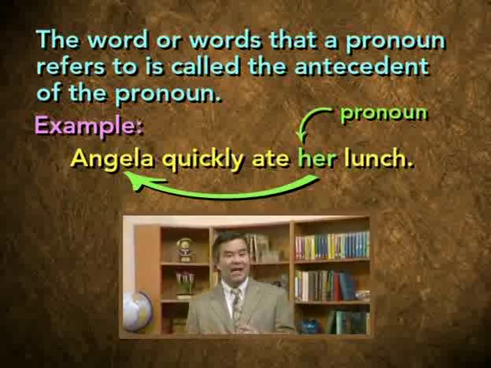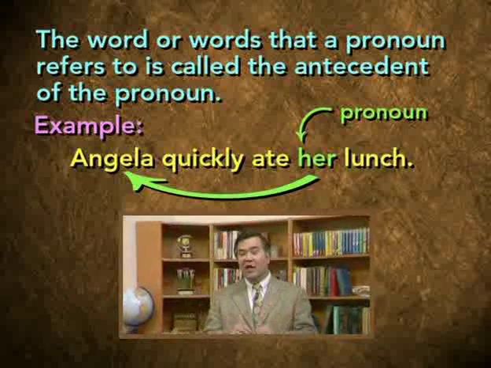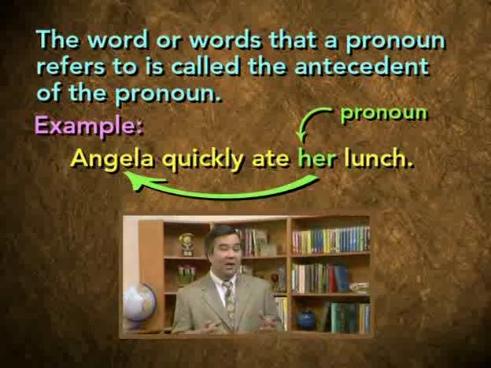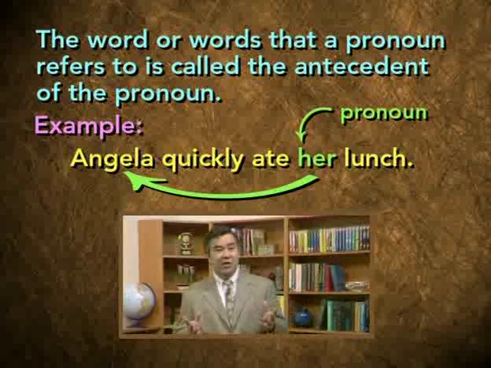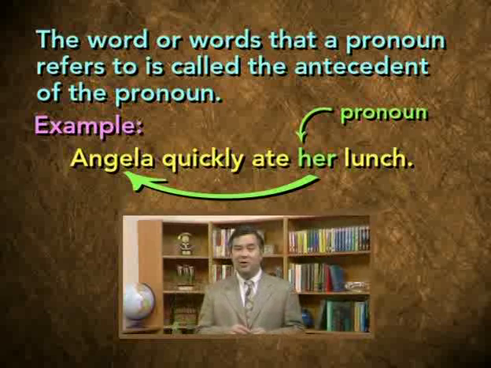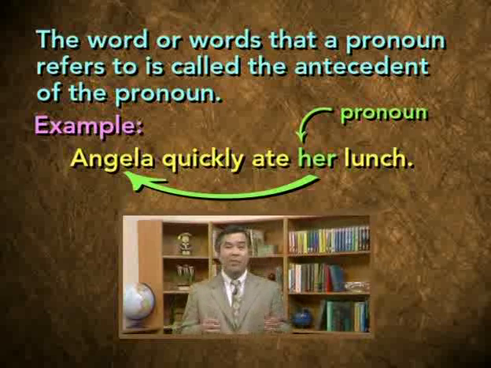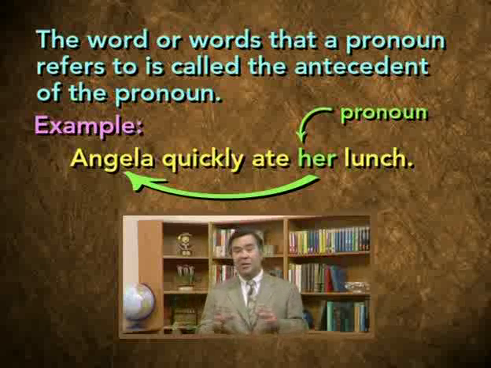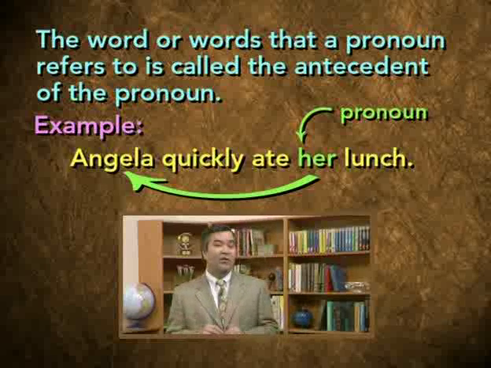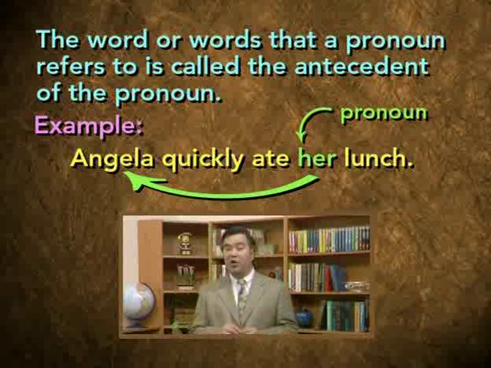And you'll notice that the two match in the following way. Is Angela a male or a female? Well, in English-speaking countries, the name Angela is normally used for a female, a woman, or a girl. And that's why the pronoun her has been used, because the pronoun her is also female. It refers to a woman or a girl.